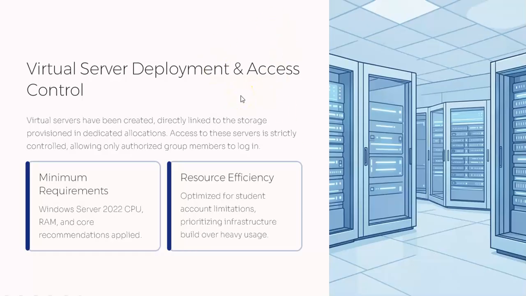Each virtual server runs Windows Server 2022 and is accessible only to members of the appropriate Entra security group. This ensures that users can log in only to the server assigned to their department, which reinforces least privilege access.